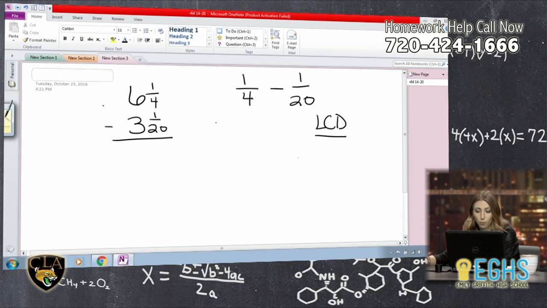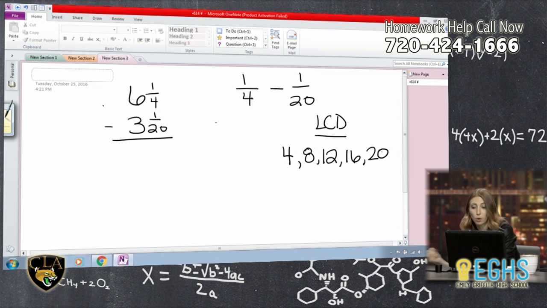This denominator 4, if I multiplied it by 2, it could be 8. Times 3, 12. Times 4, 16. Times 5, 20. So you can see that a common denominator would be 20. I already have one of my fractions as 20ths, so if I turn my 4ths into 20ths, then I would have common denominators.